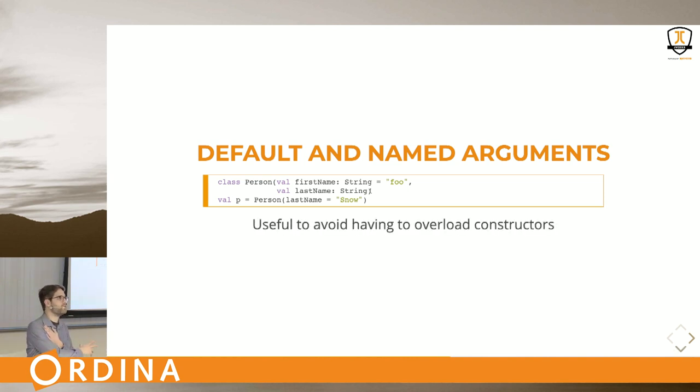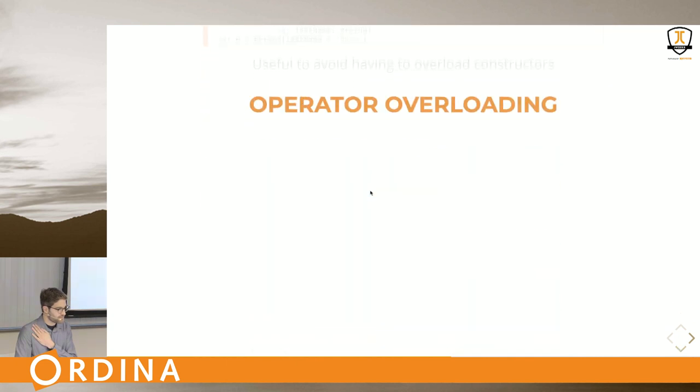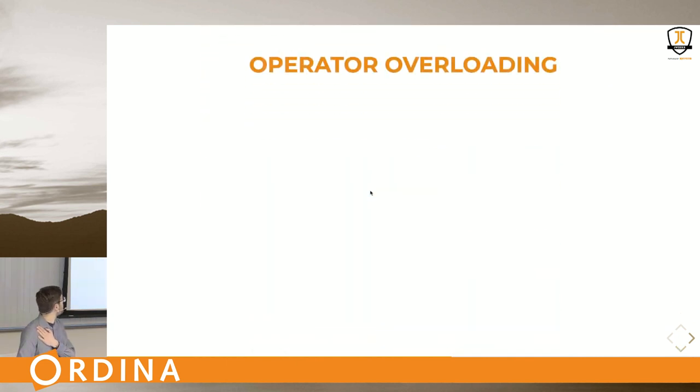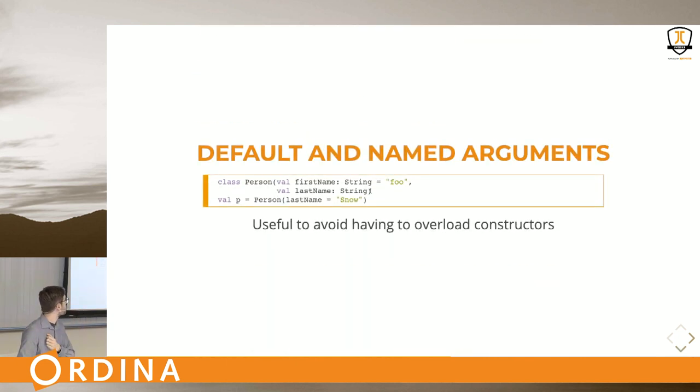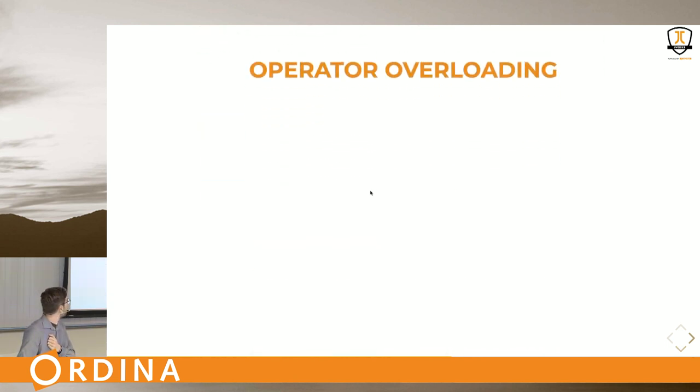Also note that if you use default values, always provide the arguments that have no defaults first, and then the ones that do have a default value. Okay, so actually this example was bad, but yeah, my mistake.